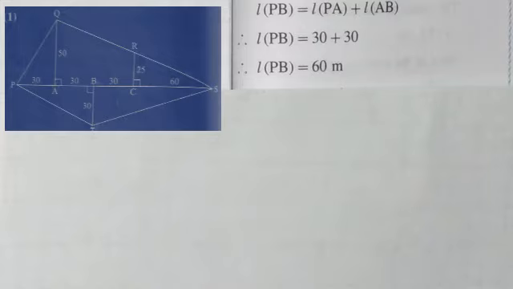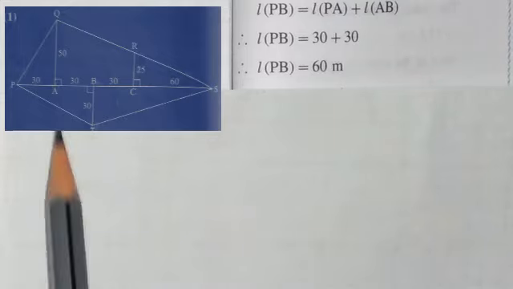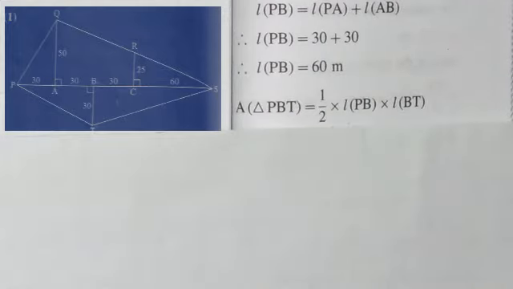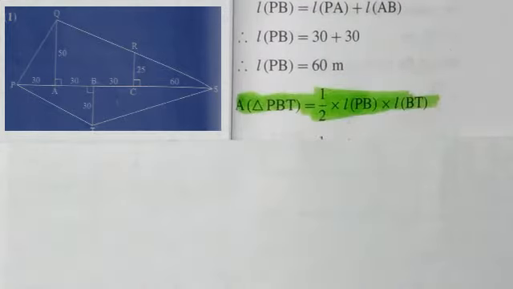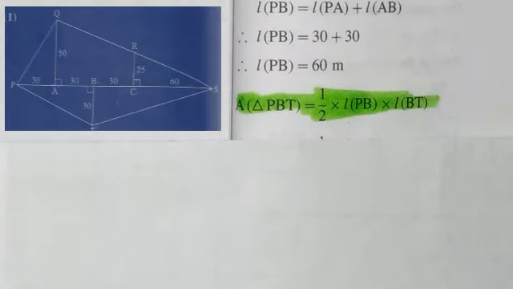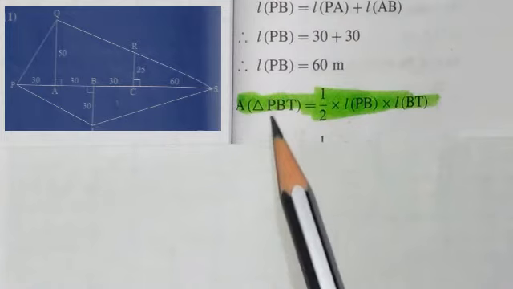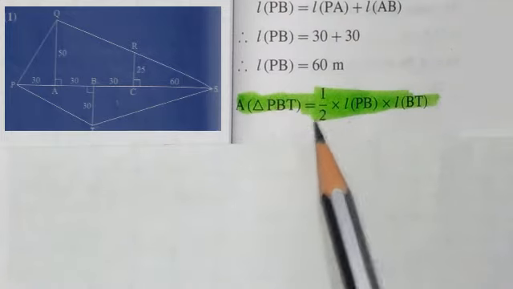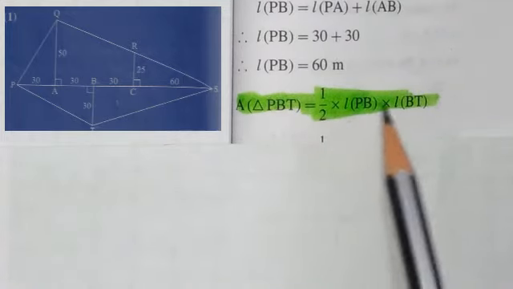Now let's put the values to find out the area of triangle PBT. As we know that PBT is also a type of right angle triangle, right? So we can use the formula. The area of a right angle triangle is equal to 1 upon 2 into base into height. So let's put the values. Area of triangle PBT is equal to 1 upon 2 into PB.